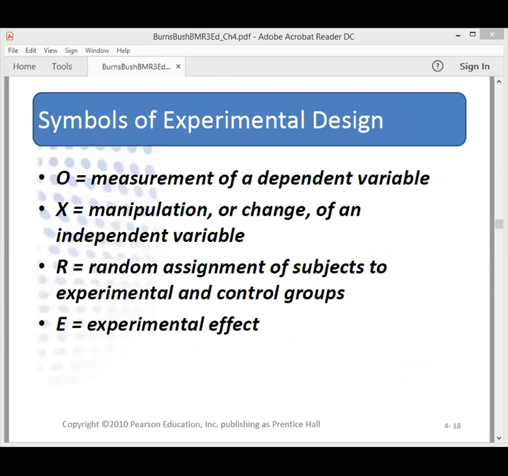We won't dig too deeply into these, but just for your information, O is the measurement of a dependent variable. X is the manipulation or change of an independent variable. R is a random assignment of subjects to experimental and control groups. And E is the experimental effect.